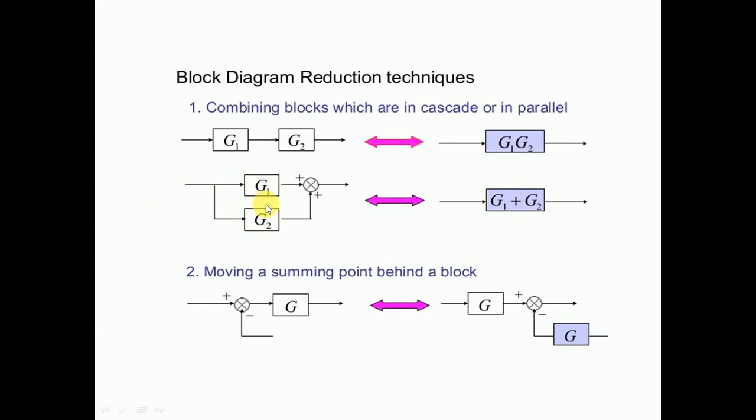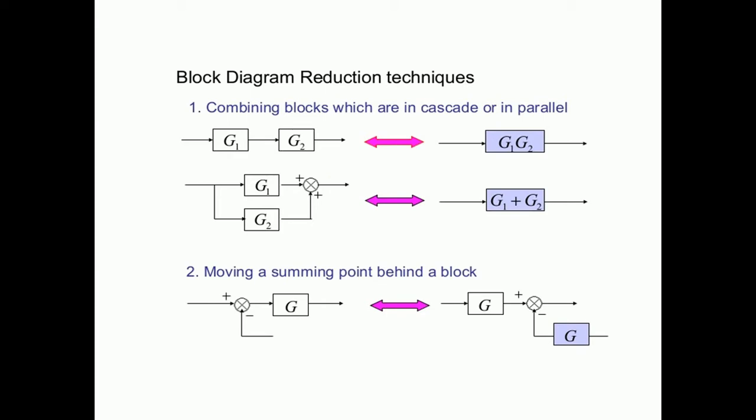Here, these two have the same initial point and the same final point, that is the summing point. You can say that if two resistors are in parallel, then the potential difference between those two should be the same. You can relate this topic here. So here the output is x into g1 and the output here is x into g2. If you add them, the final output is x g1 plus x g2.